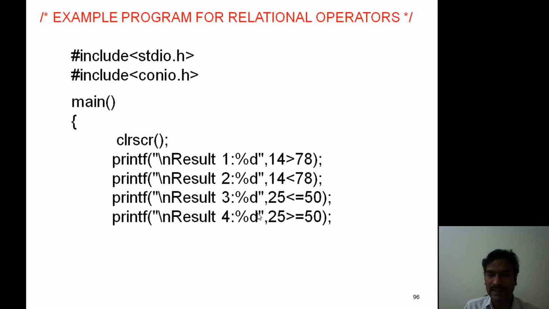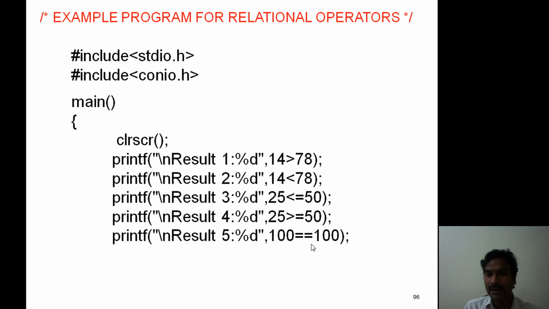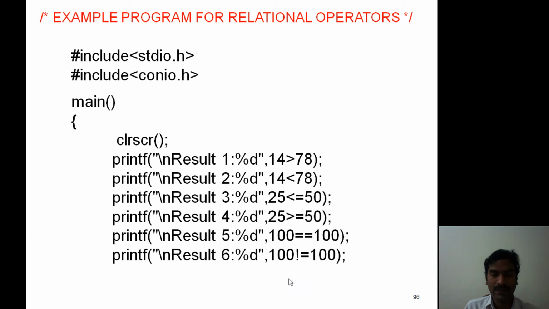Hence, this value is 0. Result 5. 100 equal to 100 is true. Hence, this value is 1. Result 6. 100 not equal to 100. False. Hence, this value is 0.